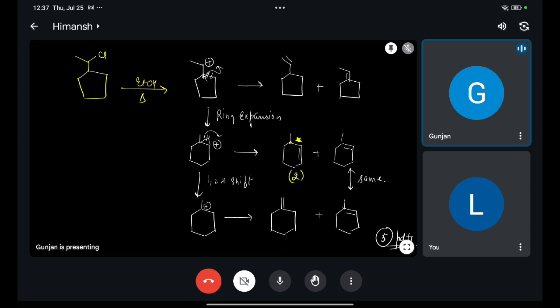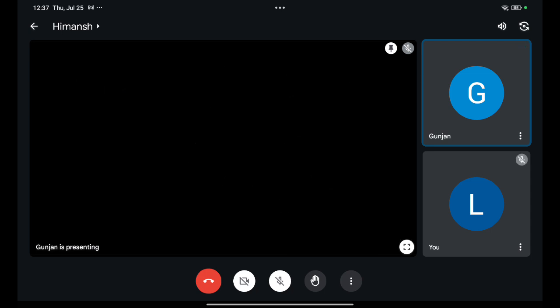Next, moving on to another type of reaction. Also remember, the leaving group needs to be a good leaving group. According to the leaving group, the reactivity rate is iodine, then bromine, then chlorine, and then fluorine.